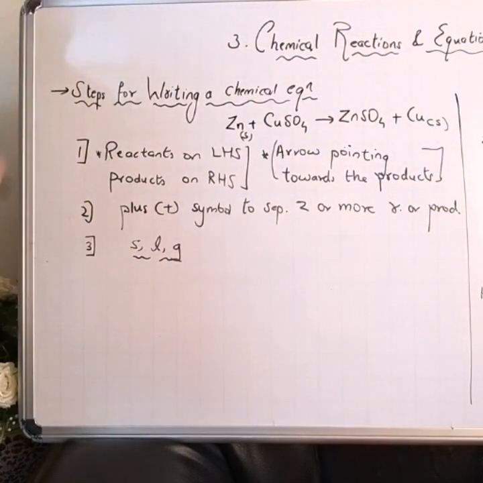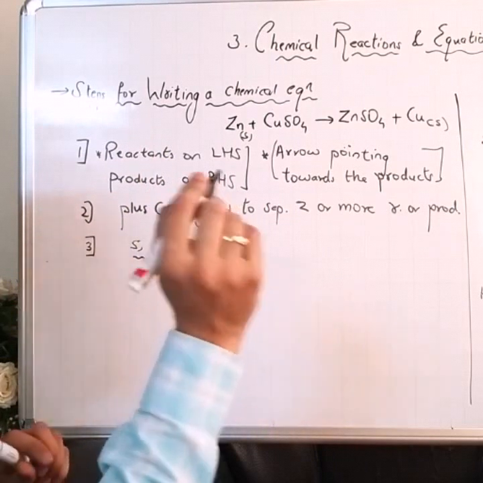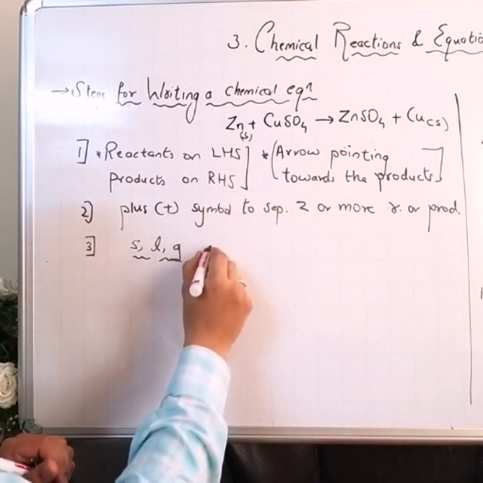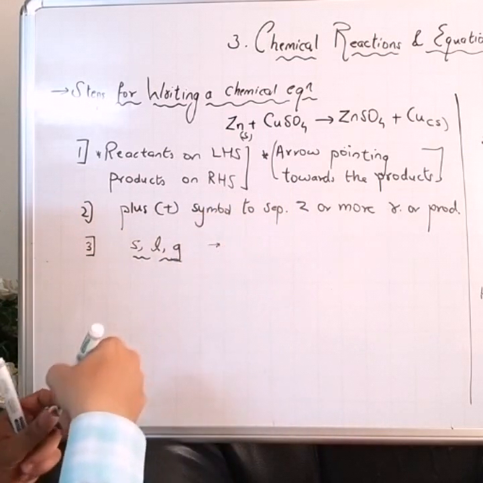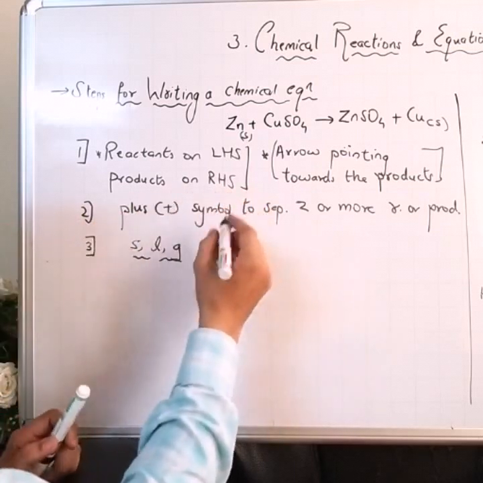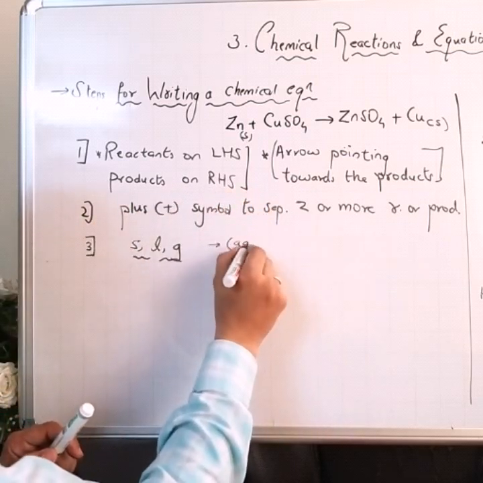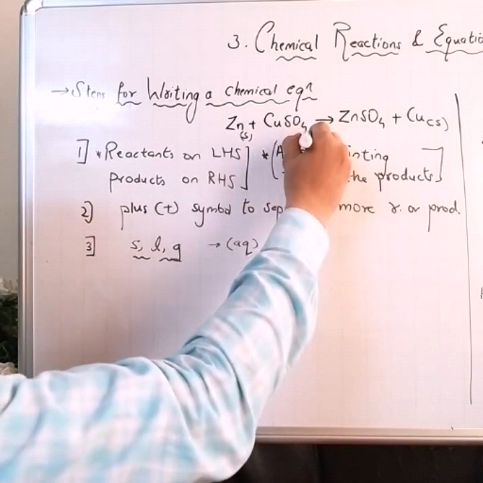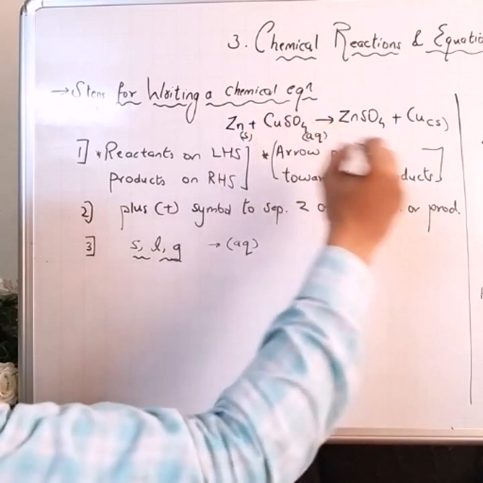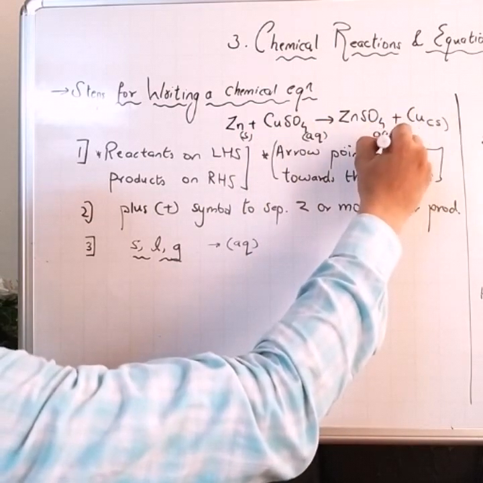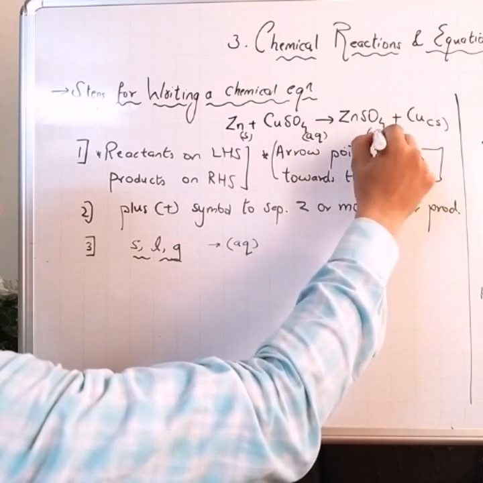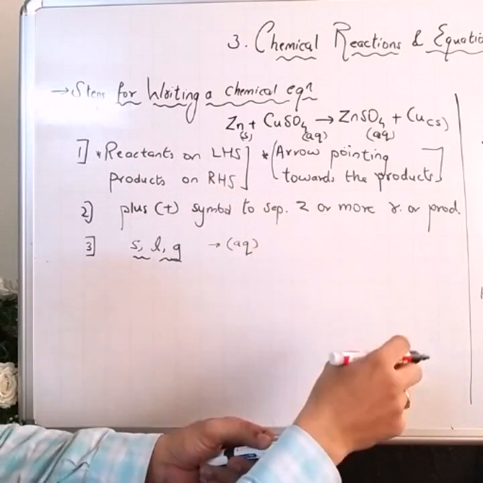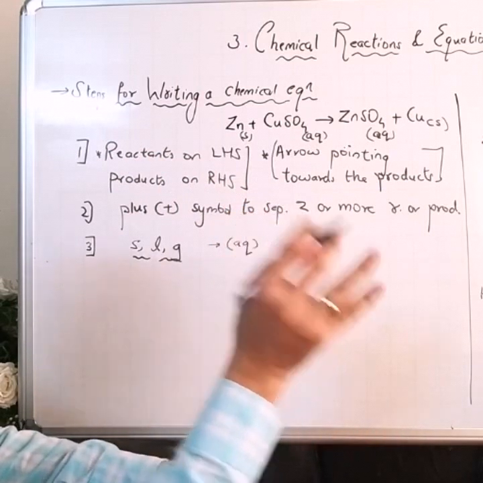Similarly, if a substance is dissolved in water, we get a solution, and a solution of a substance in water is written as AQ, aqueous. We put AQ when a substance is in dissolved state in water. Copper sulfate was in aqueous state, so I'll put AQ over here. Zinc sulfate is also in aqueous state, so I'll put AQ over here. So AQ indicates a substance dissolved in water, or a solution of the substance in water.